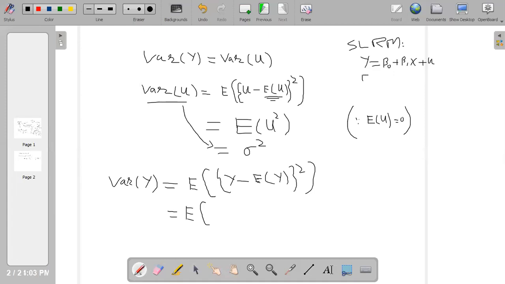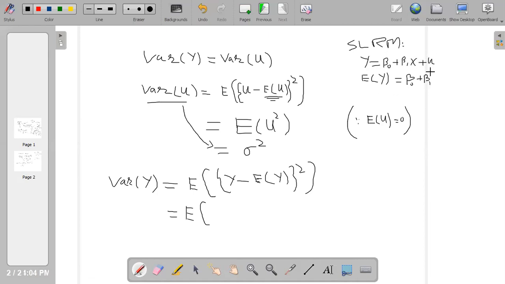Then what is the expected value of y? What would be the mean? If you obtain the mean, then for expectation, beta naught is treated as a constant, so it will be reproduced as it is. Beta 1 x is also treated as a constant, so this will be used as it is.